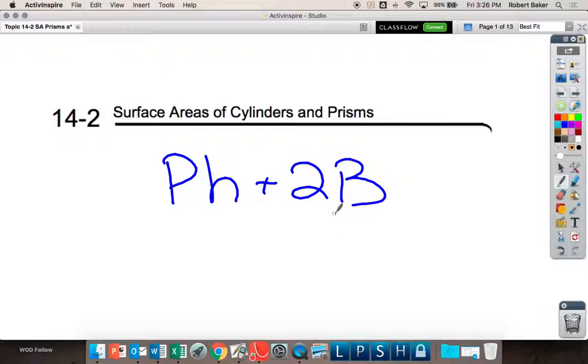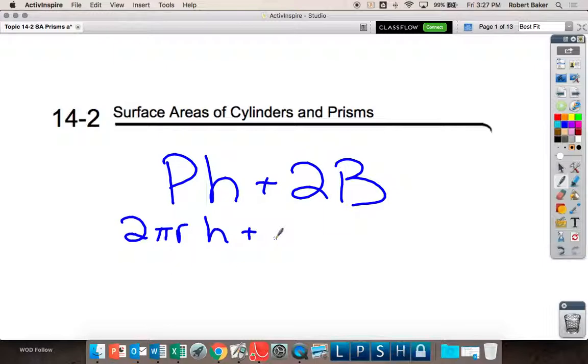Then we'll start talking about cylinders. What is the base of a cylinder? A circle. How do you find the perimeter of a circle? The circumference. The perimeter of a circle is 2 pi r. And height is still height.